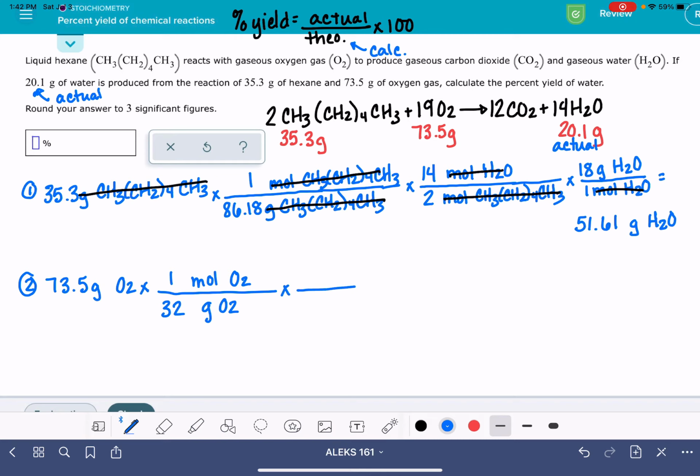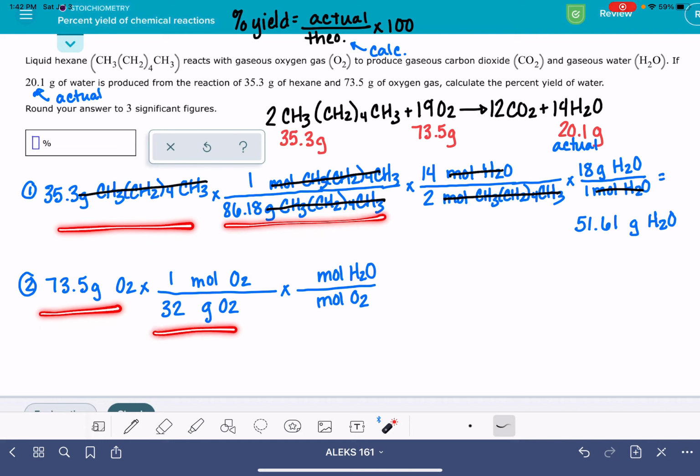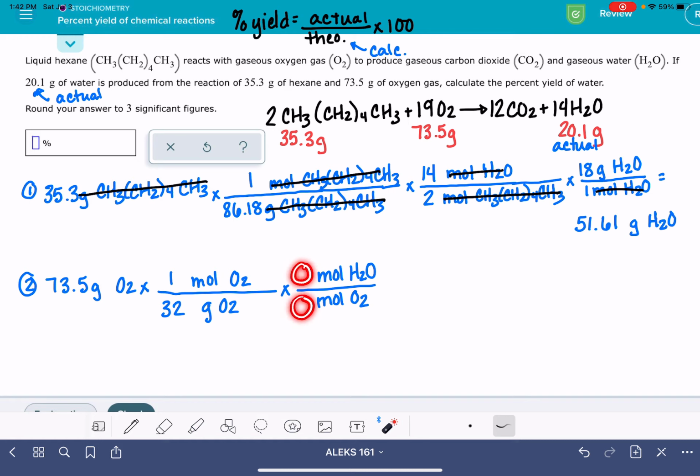The next thing that we need to do is convert out of moles of O2 into moles of H2O. So I'm really just following the pattern that we took up here, but I'm using O2 in place of the hexane. Stoichiometric coefficients go into this conversion factor. So for H2O, I'm sticking with 14. It might be 19.